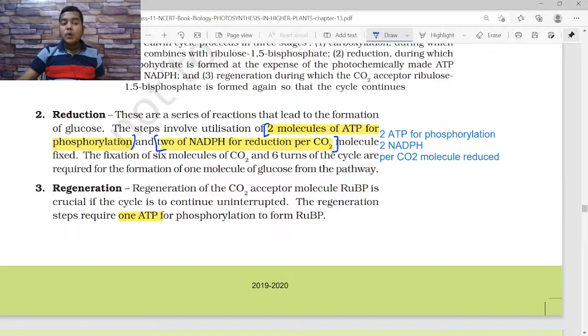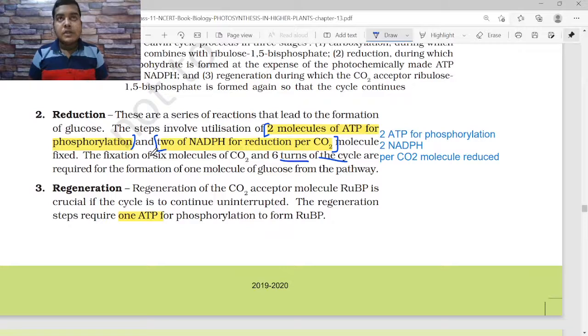So अगर हमें ग्लूकोज बनाना है तो ग्लूकोज contains how many carbons? 6 कार्बन, C6H12O6. तो उसके लिए हमें 6 टर्न्स, 6 बार साइकिल को रोटेट करना पड़ेगा. ठीक है, और उसी के अकॉर्डिंग हमारा ATP और NADPH लगेगा. तो जितना भी हम CO2 को फिक्स करेंगे, तो अगर फिक्सेशन हम कर रहे हैं CO2 मॉलिक्यूल की, तो दैट मच अमाउंट ऑफ ATP as well as NADPH will be required.